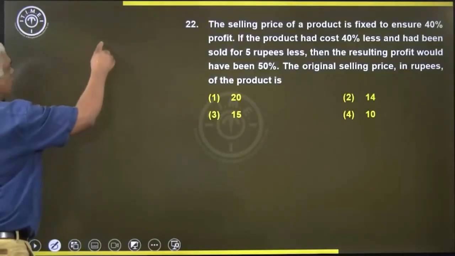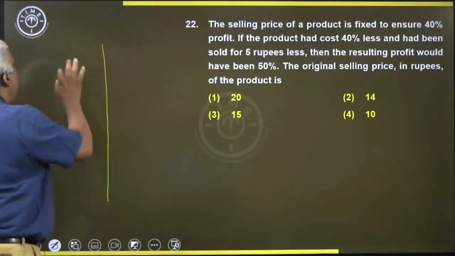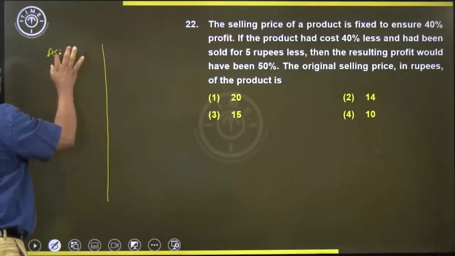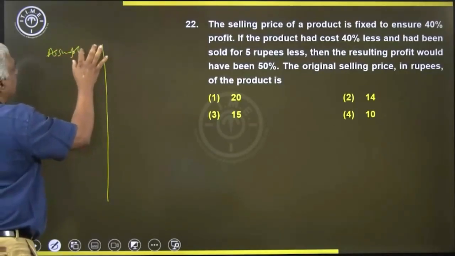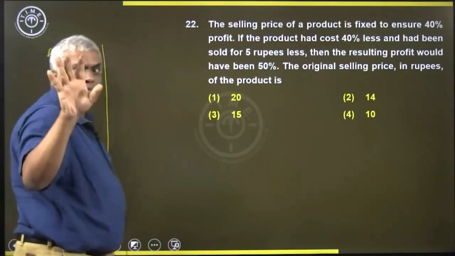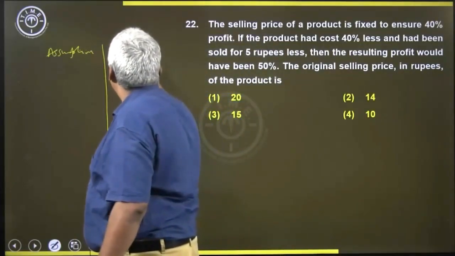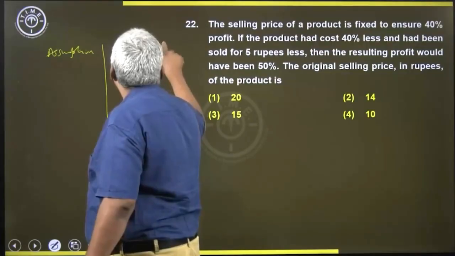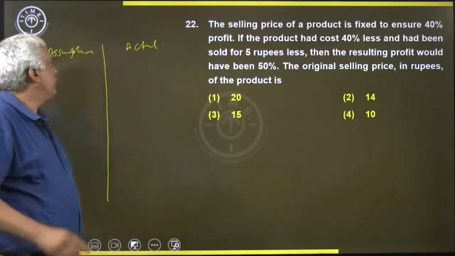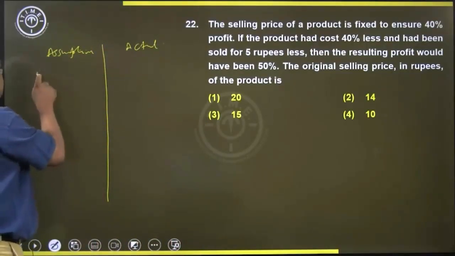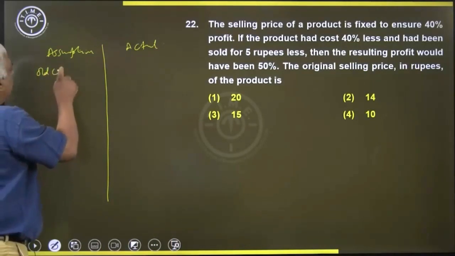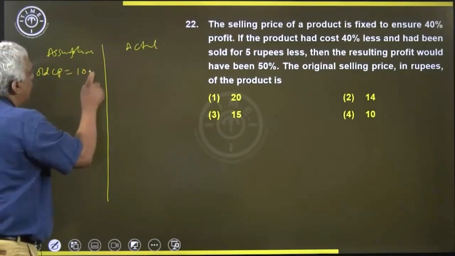Okay, let's make one assumption. This is the data which I am assuming, not the real data. Let's say the old CP was 100.